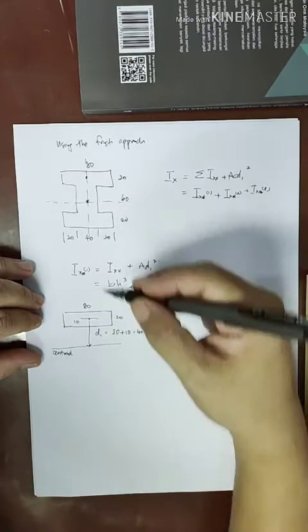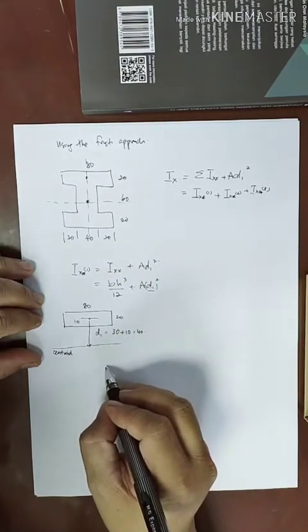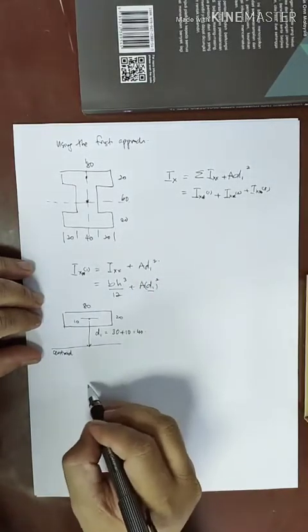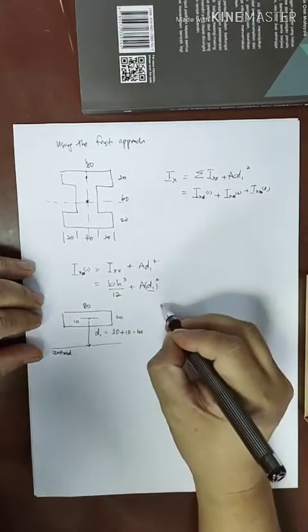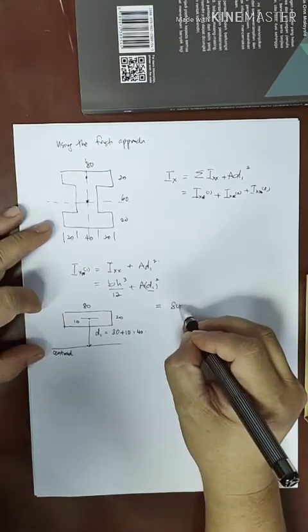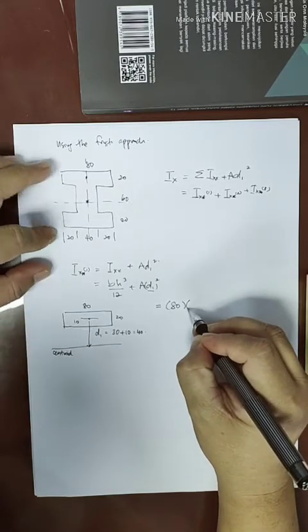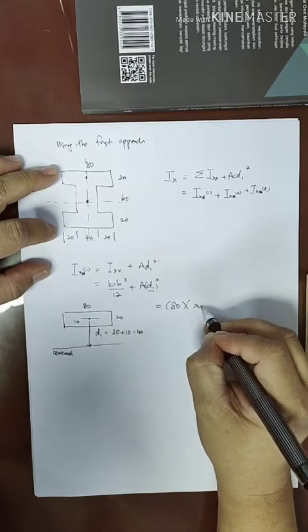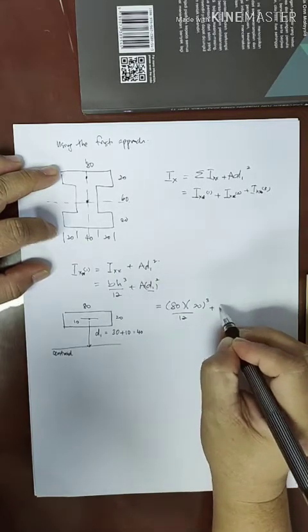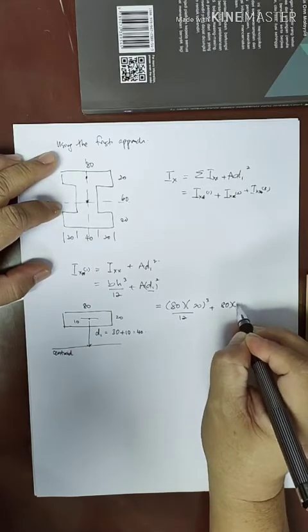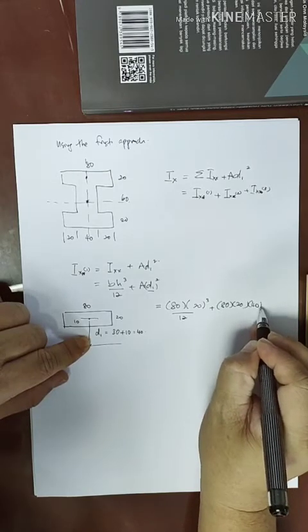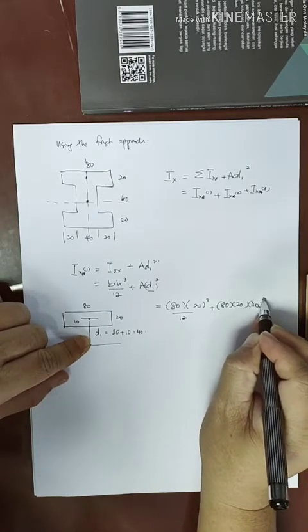Okay, so this is the Ix1. The b is 80, h is 120 cubed, divided by 12, plus A d, which is 80 times 20, times 40 squared.